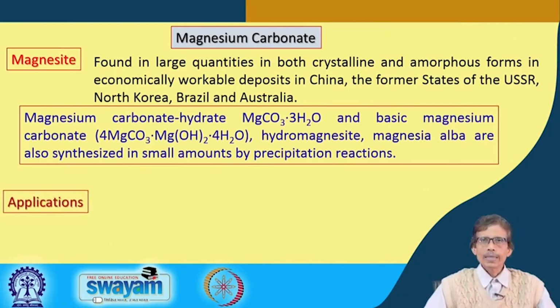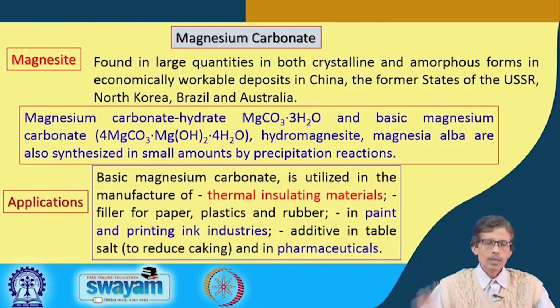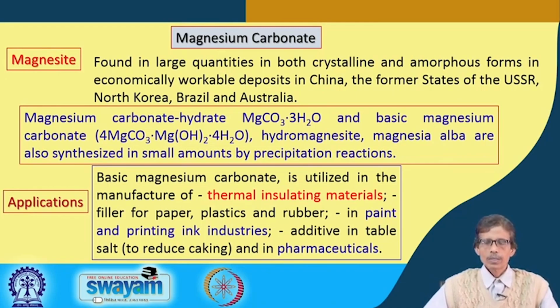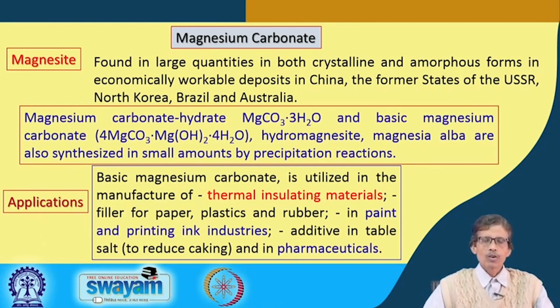So, where we use magnesium carbonate is like that of your magnesium metal. So, we see quickly the applications of all these things. The basic magnesium carbonate is very useful in thermal insulating material, because the thermal conductivity of this material is very low, not that of only magnesium carbonate, but the basic magnesium carbonate, which has a very complex crystal structure.